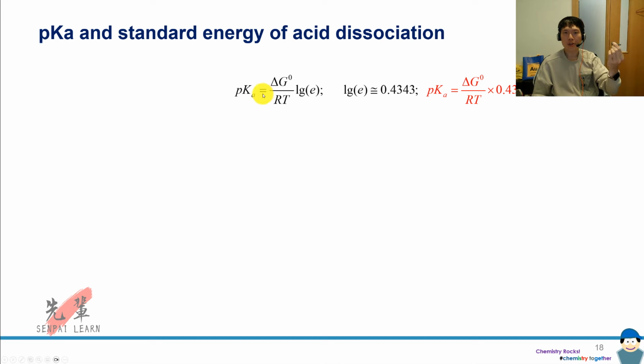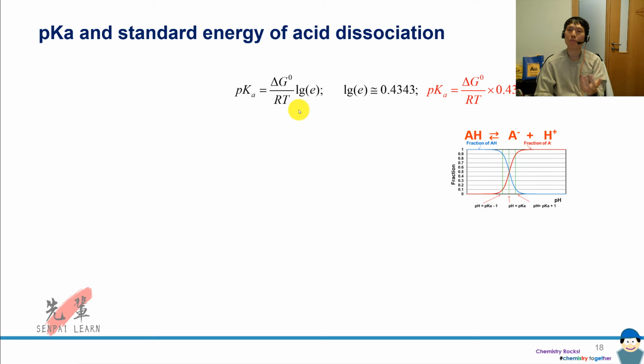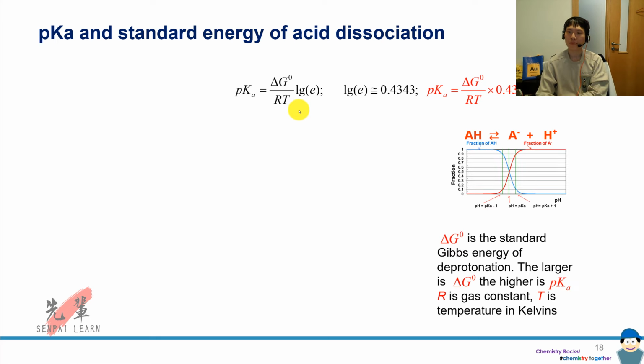And the equation is given by pKa equals delta G naught over RT log e. Okay, and this is the value. When you put it back, this is what you get here. Just understand that you need energy to have the dissociation, right? You might have recalled from last time the Gibbs free energy is the free energy of deprotonation.